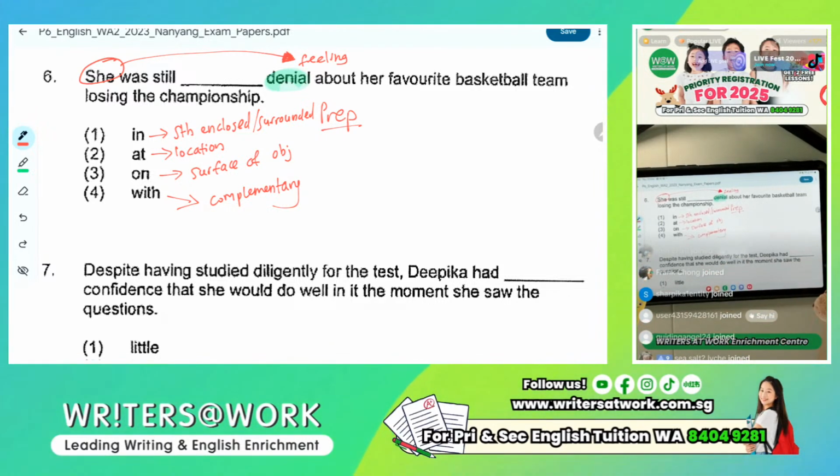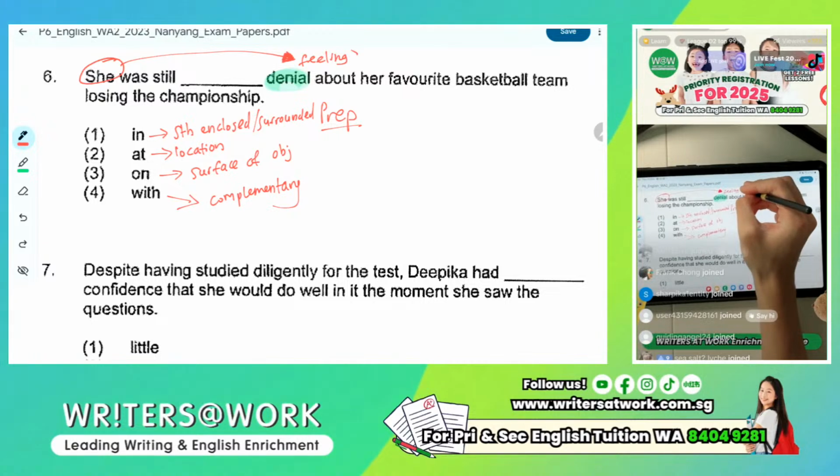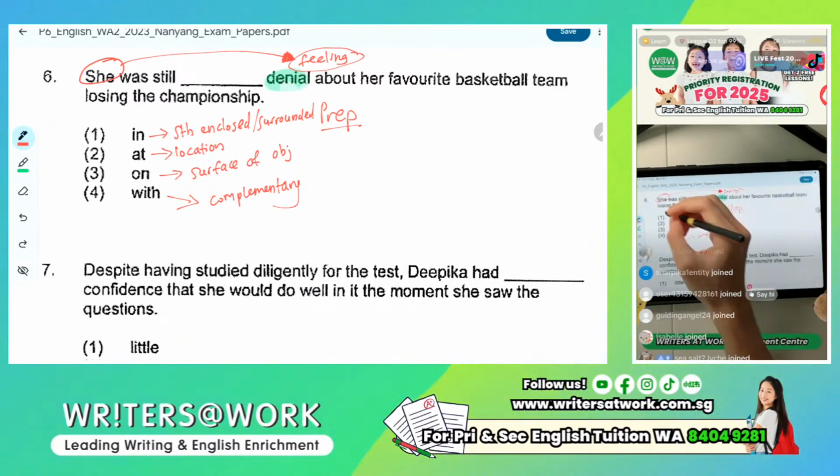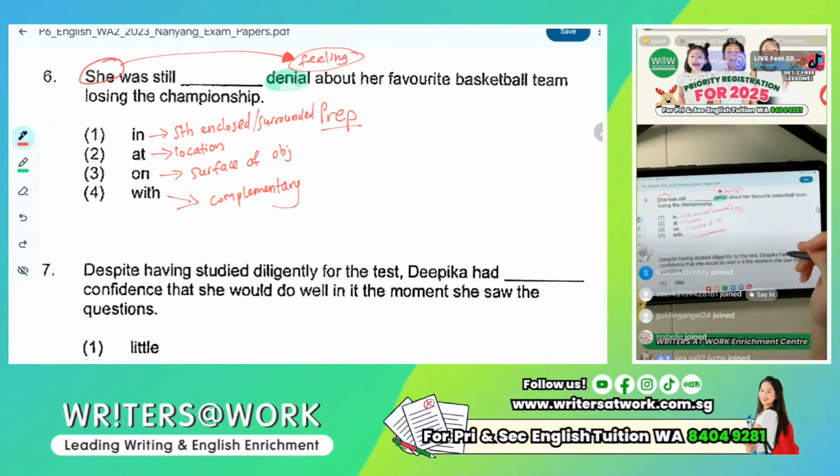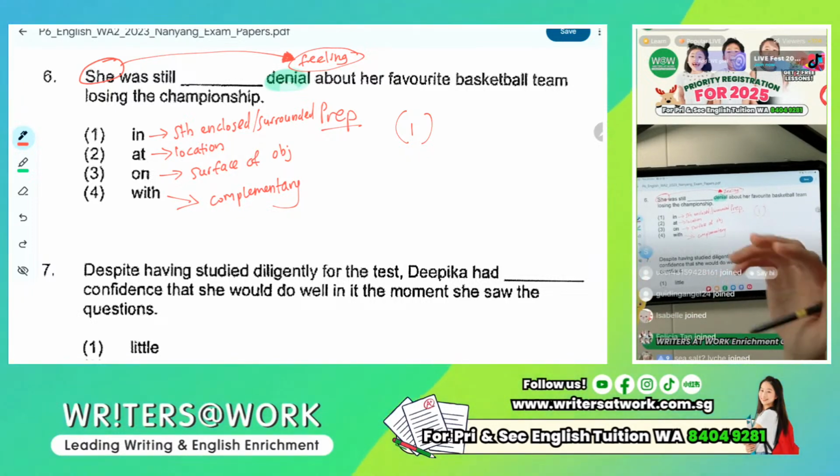So we are looking at how this feeling has overwhelmed or engulfed the girl. And therefore, the answer would be number 1, to express this fact. The rest of the options are used in other ways.